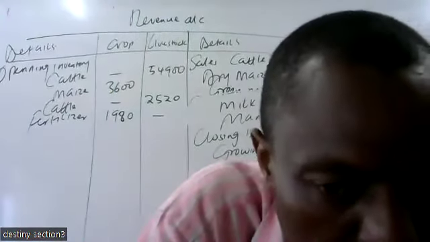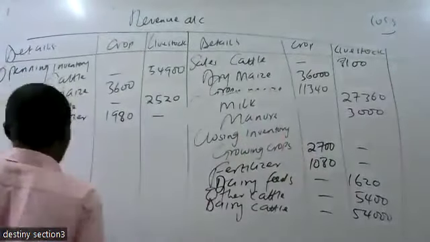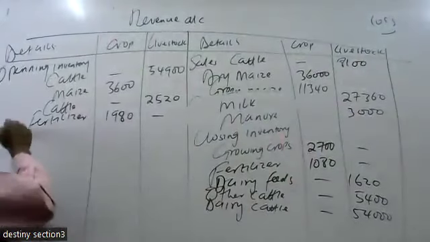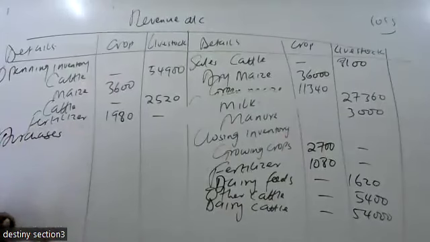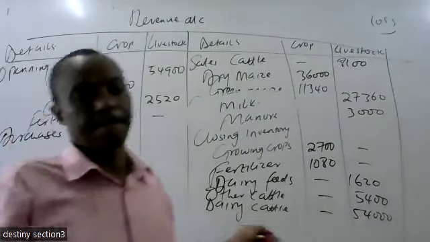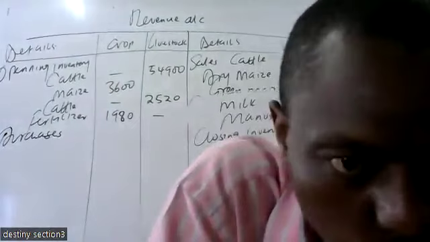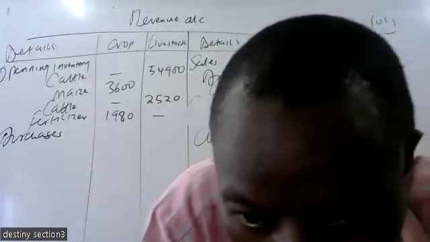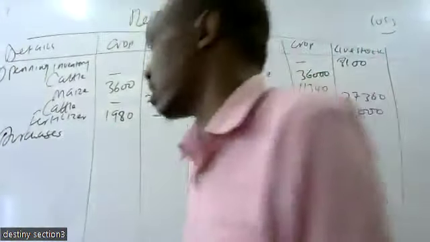We go to now purchases. We have what? Dairy cattle, 10 for 40, right?